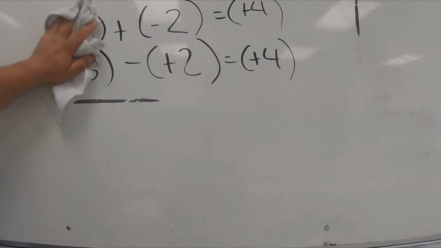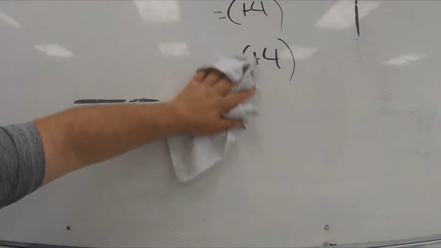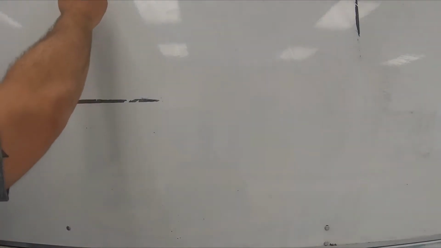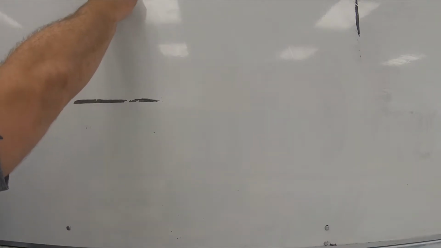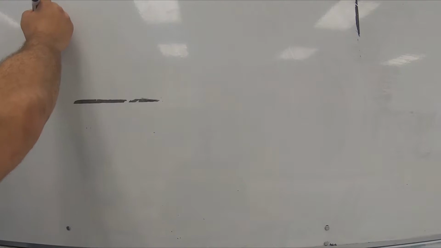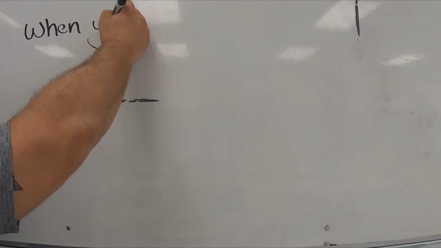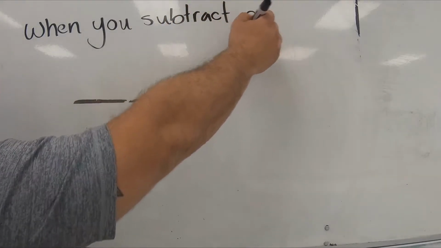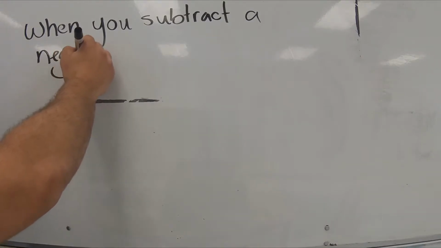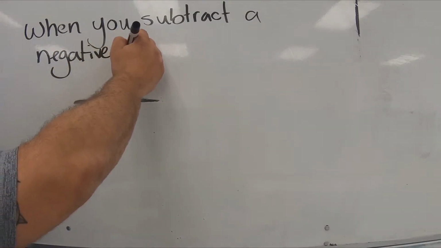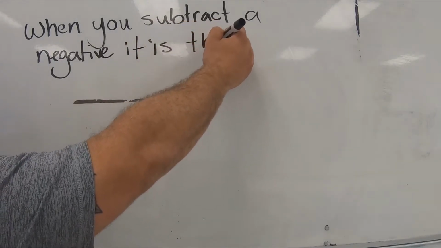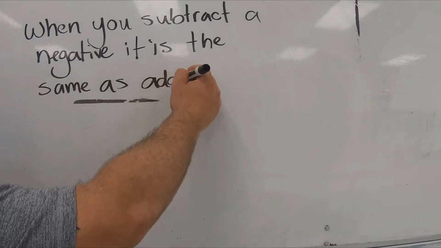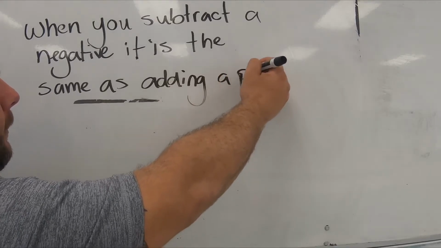So there is a rule, and I'd like you to remember this rule because it's very important and it's going to come up a lot. I often encourage kids to write it down at the top of their paper. And the rule simply states, when you subtract a negative, it is the same as adding a positive.